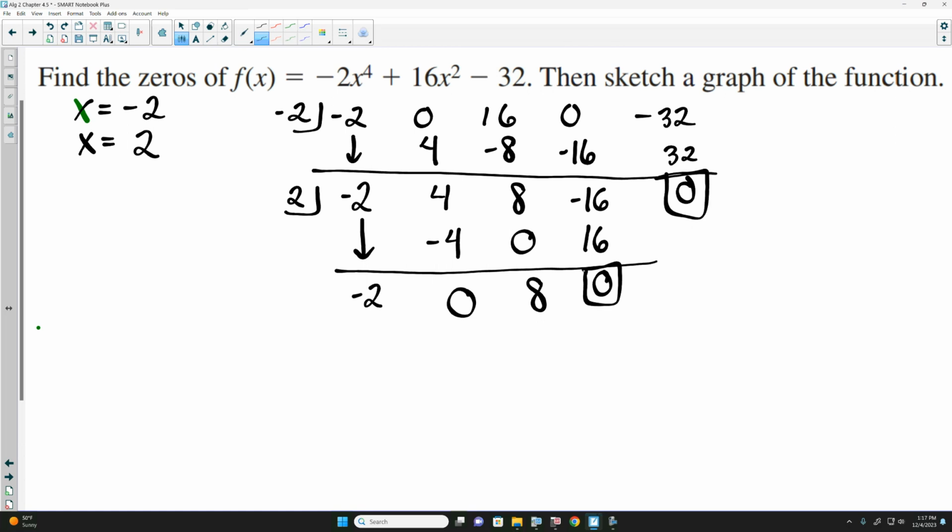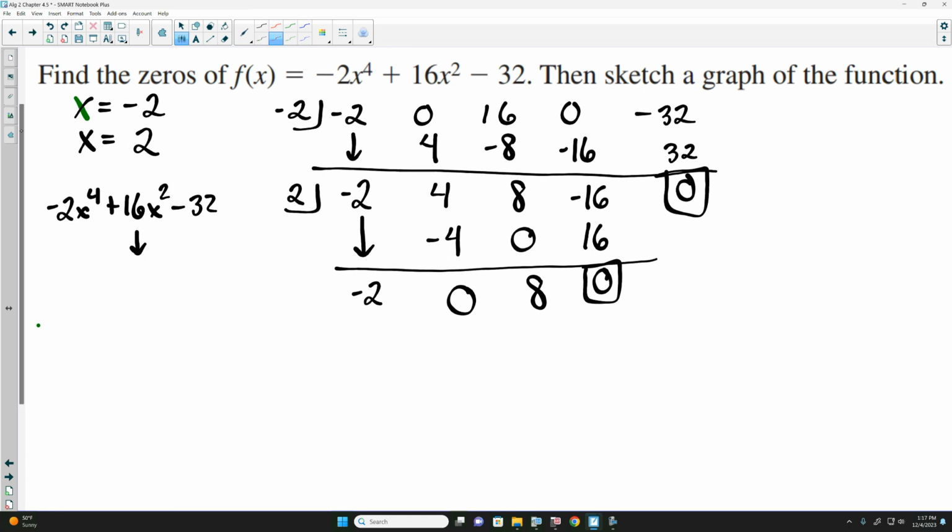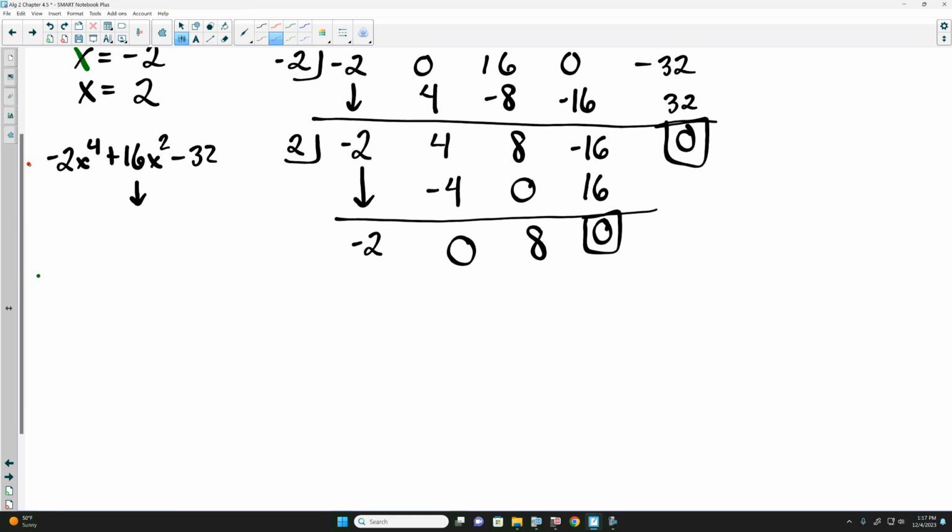What we started this problem out with is the equation negative 2x to the fourth plus 16x squared minus 32. And we graphed this, and we saw that x was 0 at negative 2 and 2. Now when we did synthetic division twice, we get this here. If we plug the variables back in, let's see what equation we have.